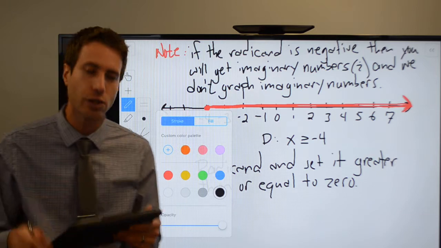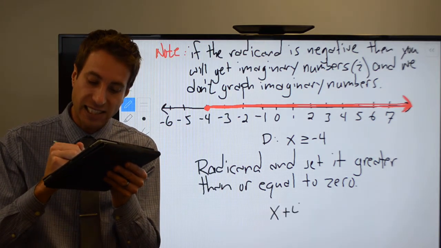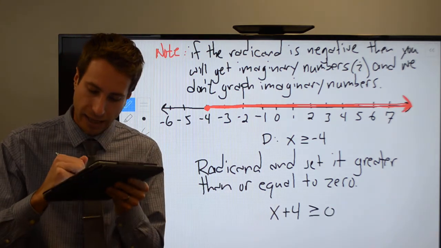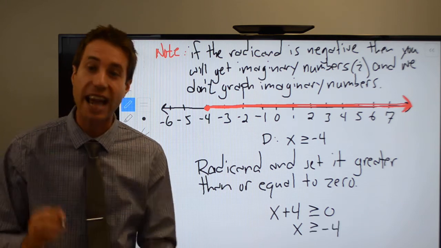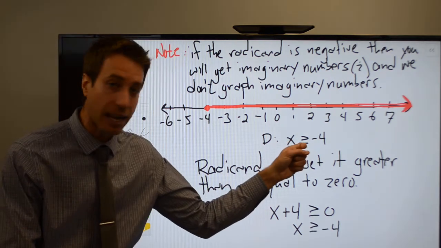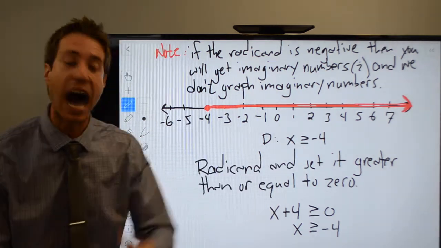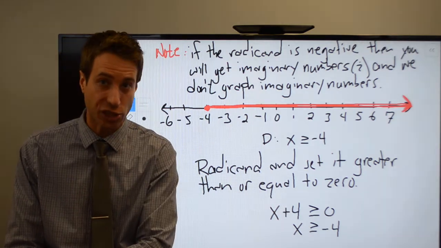Actually, here's all you need to do. My radicand was x plus 4. I set that greater than or equal to 0 and solve for x. X is greater than or equal to negative 4, which is exactly what I got for my domain by taking a look at a number line. I know that anything less than negative 4 is going to be excluded.